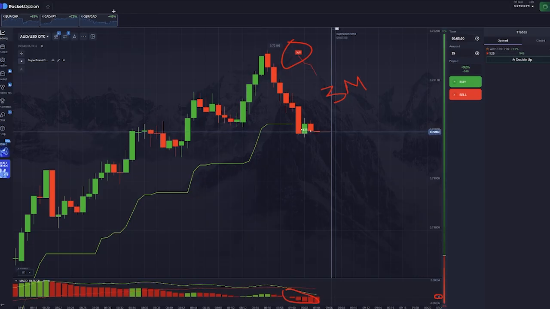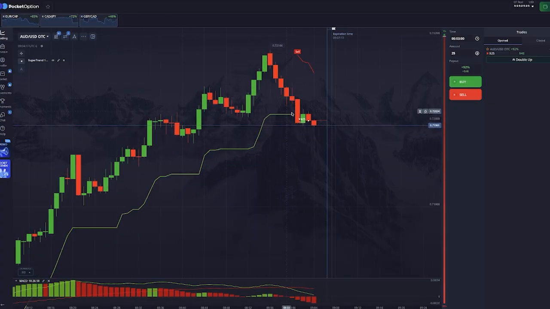We have two trades. The first one was a trade in the money, or call it whatever you want. It was a profit trade. And right now we have the second trade. This is a very simple strategy, but I prefer a strategy like this. We have a clear sell signal.